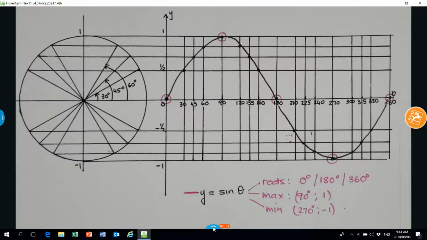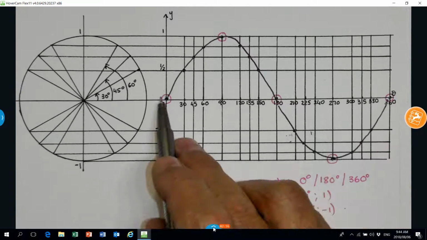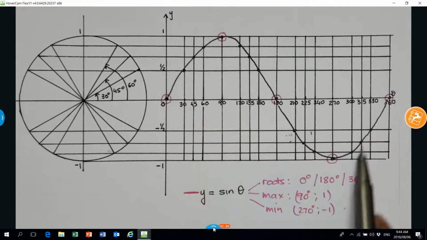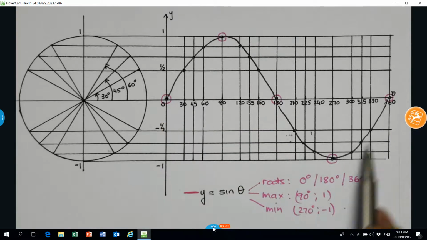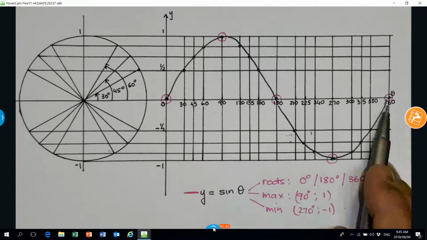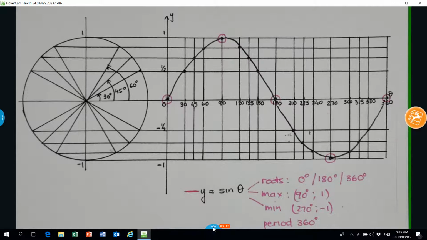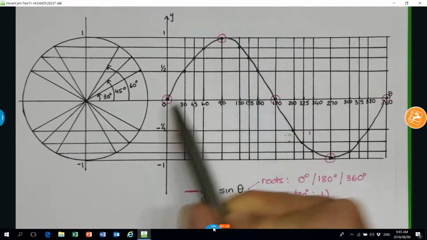Now, you heard me say that the cycle completes itself from 0 to 360. The amount of degrees that it takes for any trigonometric curve to complete one cycle, that's what one cycle looks like, is its period. For the mother curve of sine, our period is 360 degrees, and then we have one more thing to discuss, and that's the furthest point, or the furthest it moves away from the horizontal.